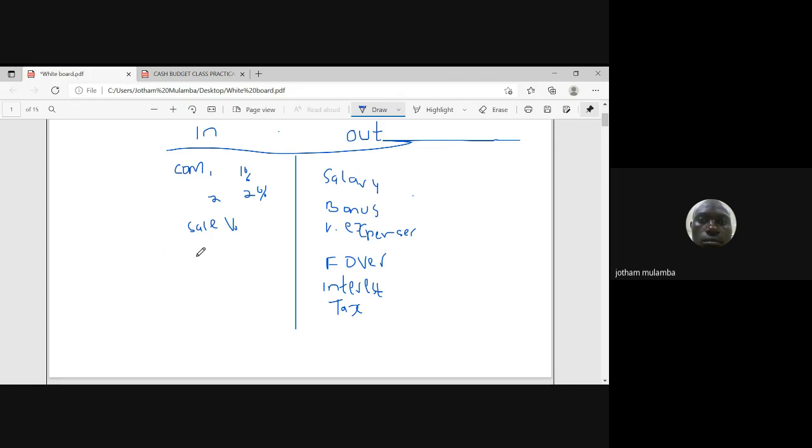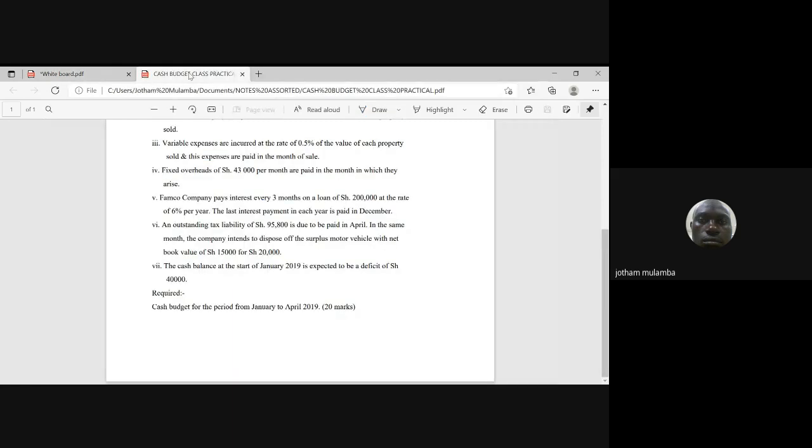So we'll write here cash balance. The next one. Now you're required to prepare a cash budget for the period from January to April 2019, 20 marks.